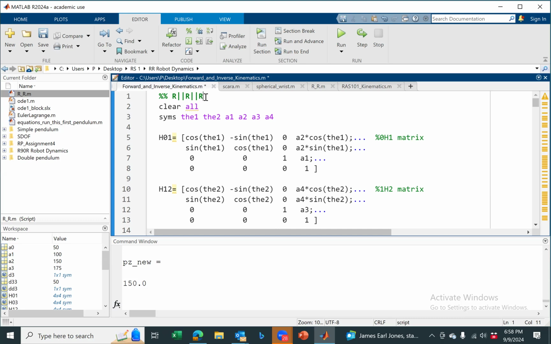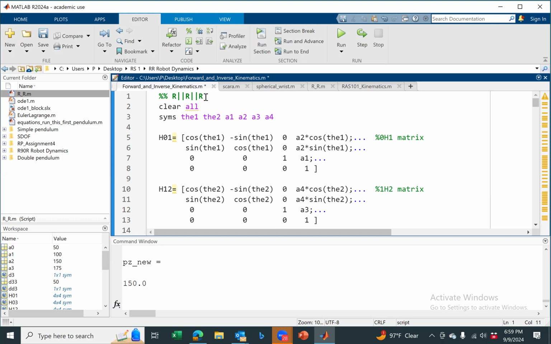Remember? Second row, fourth column is A4 sine theta 2. Agreed? Third row, fourth column is not just the vertical distance. So everyone understood that the homogeneous transformations that I have are the same homogeneous transformations that we derived.